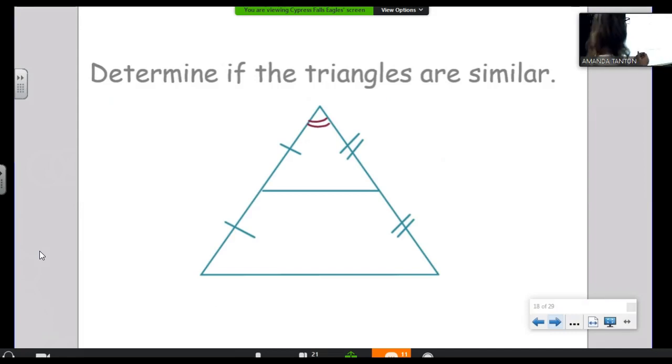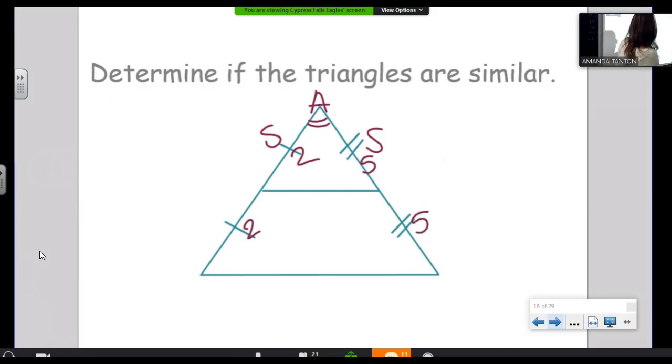So now, we notice tick marks mean sides. So we've got ourselves a side, an included angle, and another side. We don't have to know the length of those sides, because we know that one tick mark over the sum of two tick marks is going to equal double tick mark over the sum of the double tick marks. If you're a little leery and you're like, ooh, I don't know, are those sides proportional? You could just make up numbers. You could say this is 2 and this is 2, and I'll make this one length 5, length 5.